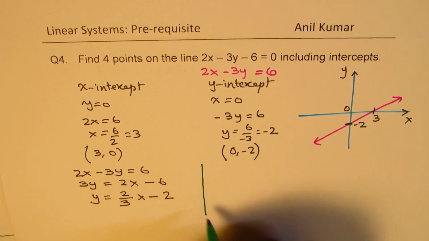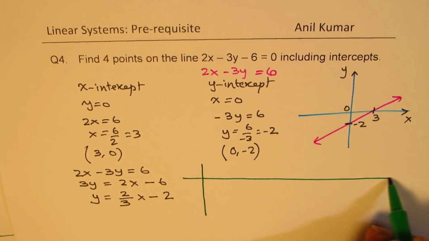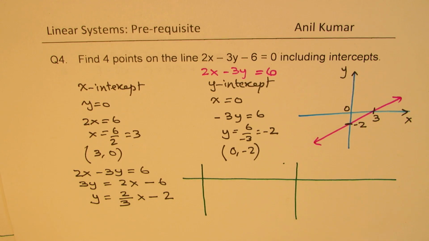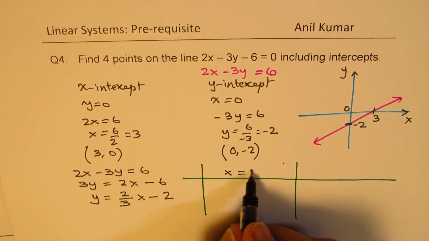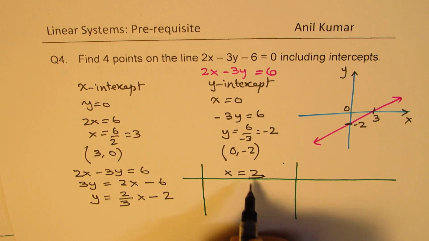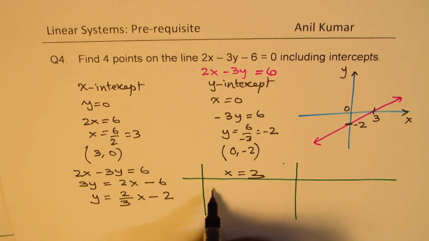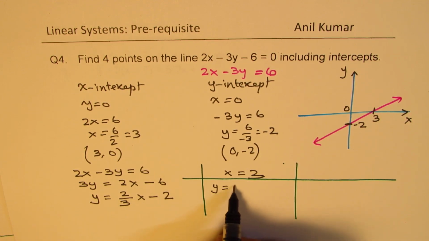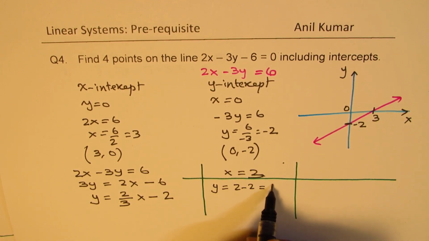Now we can have a table of values, right? We need just 2 more points. We already have 2 points here. So if I substitute, for example, x equals 3, which is better since that will cancel away, y equals 3 and 3 cancel, 2 minus 2, which is 0, right?